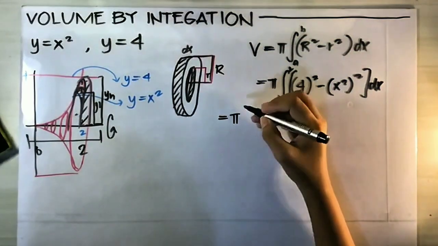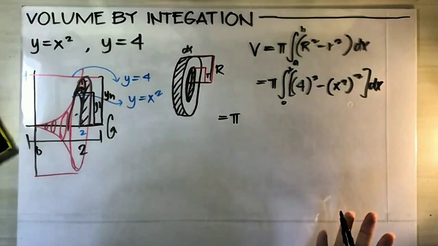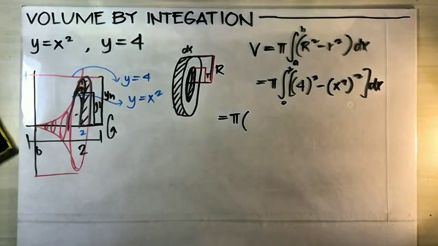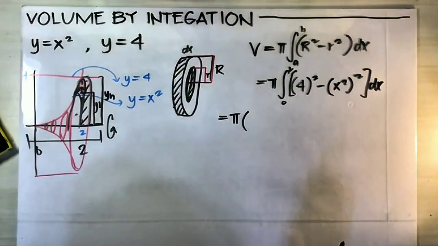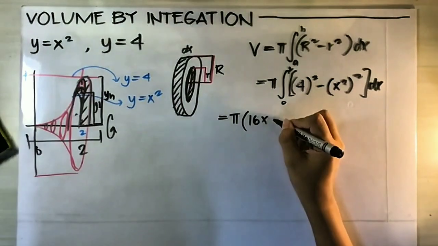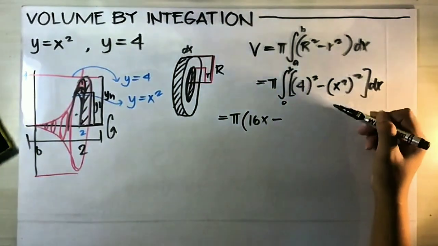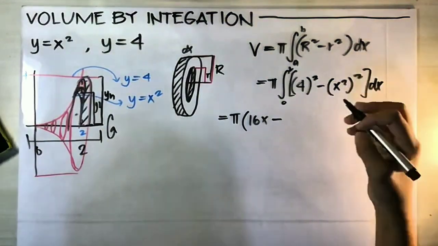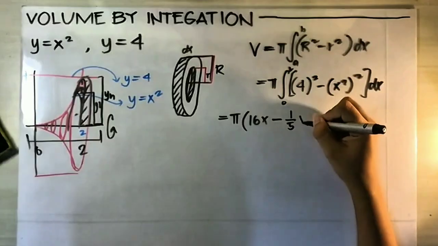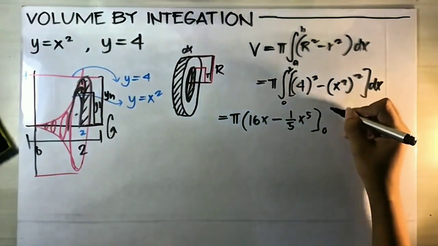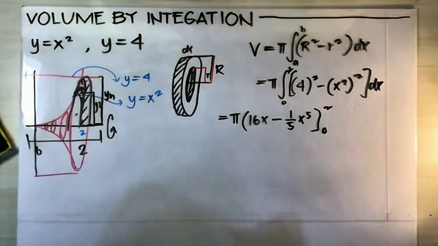So now that is easy. So pi. Now let's integrate. So pi times, what is the integral of 4 squared? 4 times 4 is 16. So this is 16x minus, this will become x to the fourth. What is the integral of x to the fourth? That is 1/5 x to the fifth, limit from 0 to 2. And now let's put the limits.